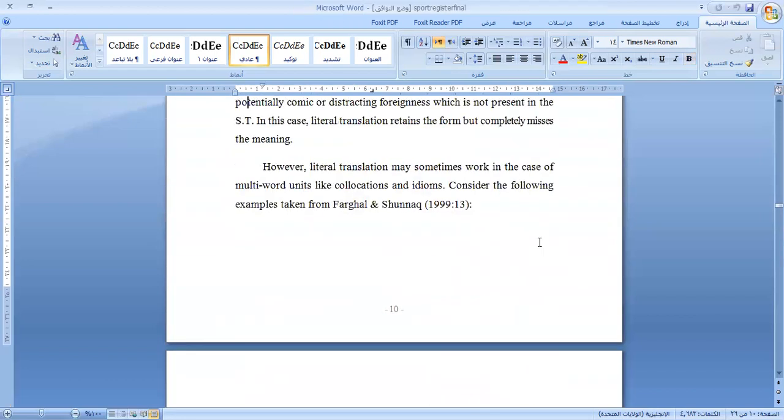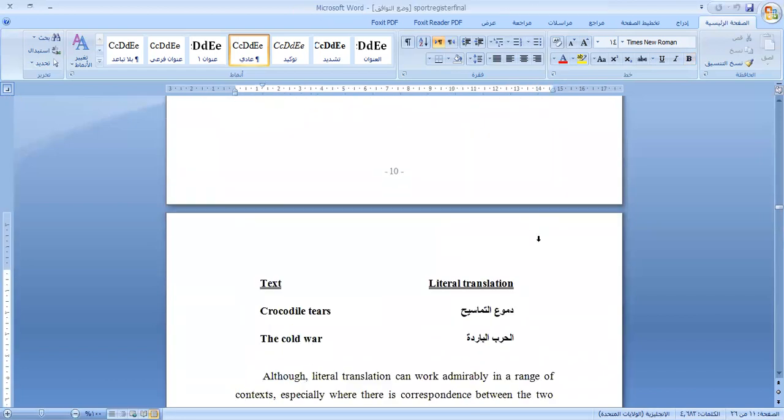But literal translation sometimes gives us a correct translation or an acceptable version when the source language and the target language share the same values about the thing that is addressed. For example, crocodile tears, دموع التماسيح.